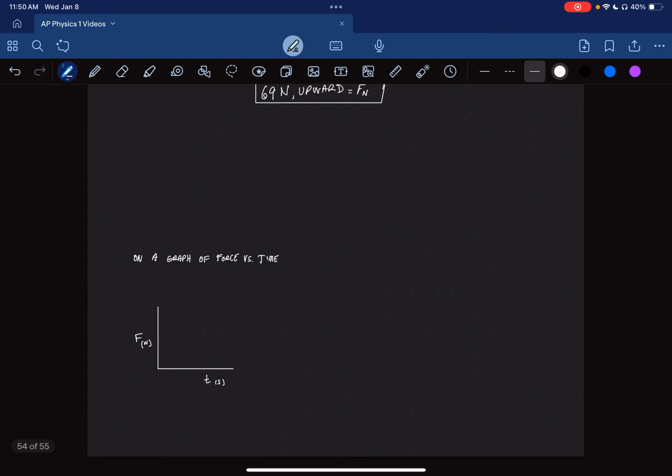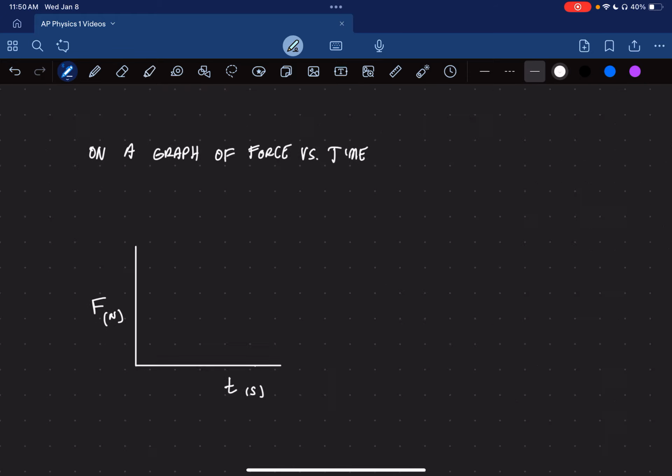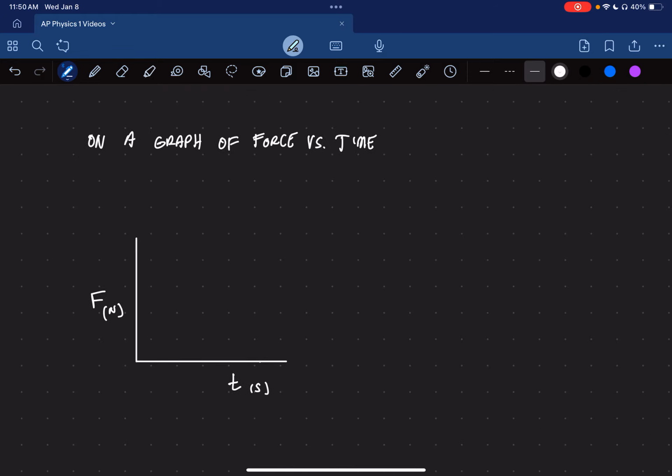Cool. One last little thing here. On the homework, if you get a graph of force versus time, so that means force applied to an object over time, let's say it looks something like this. You're applying a little bit of force, and then as time goes on, it increases, but then it'll decrease.